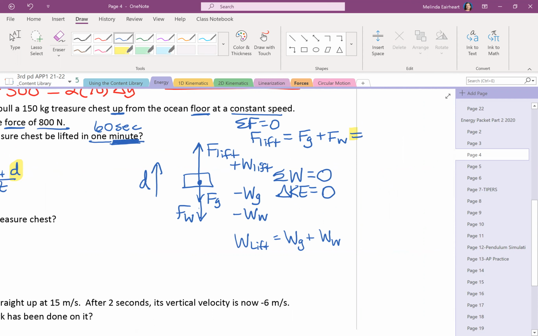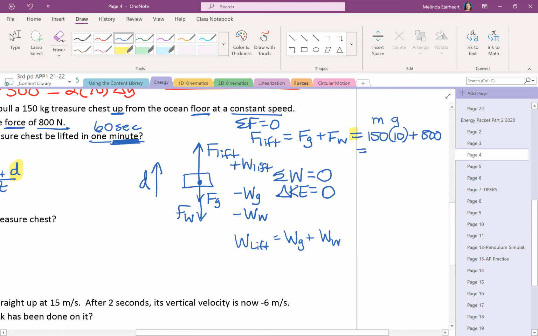If they give you the mass, how do you find the weight? Mass times gravity. So it's that 150 times 10, so that's our mg, plus the water, yeah, it's resistive. Yeah, we said originally it can be negative, but we've already moved it to the other side. So I'm going to keep that 800 magnitude.